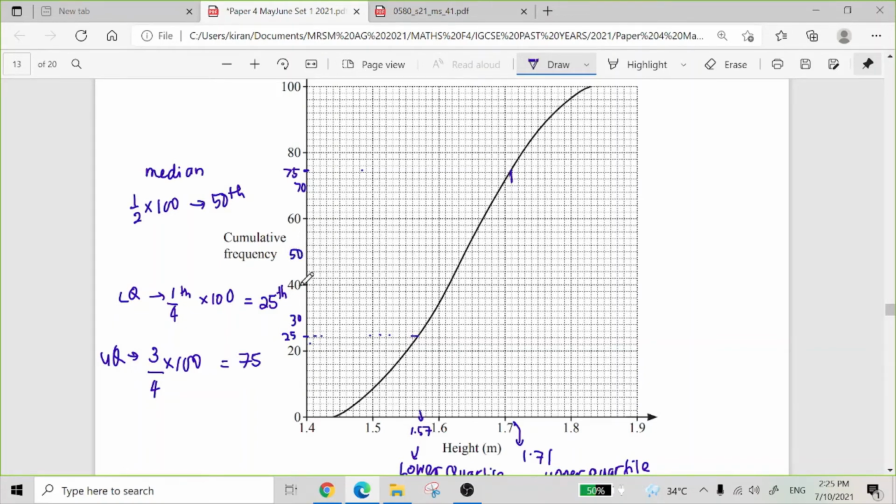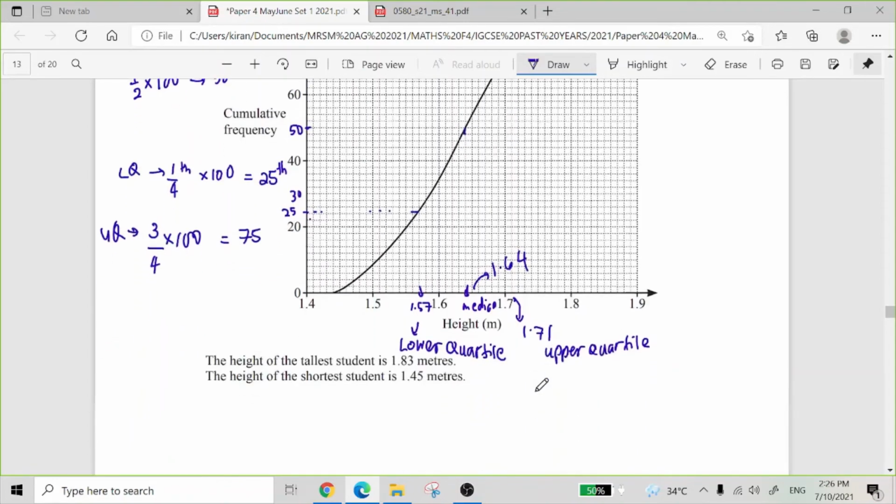It is located here, in this part. So now the median is located here, which is 1.61, 62, 63, and 64. 1.64. That is the value for the median.